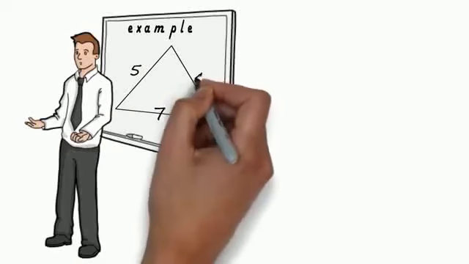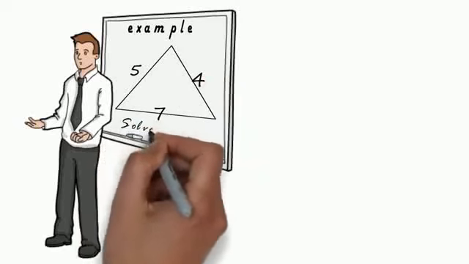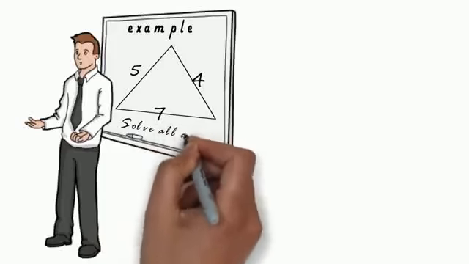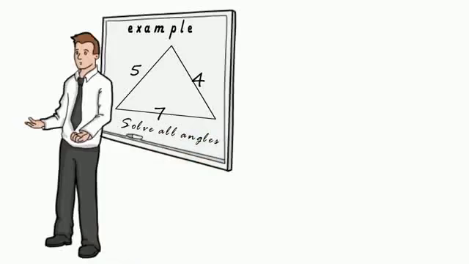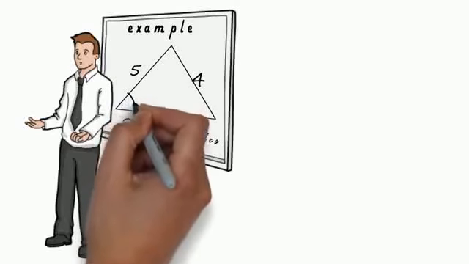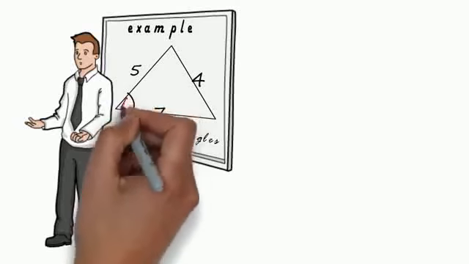So we have an example whereby we have a triangle and we have the sides, and they are telling us to solve the angles completely. We need to look for the angles. And how do we do that?